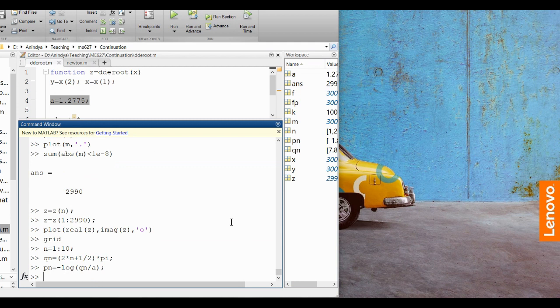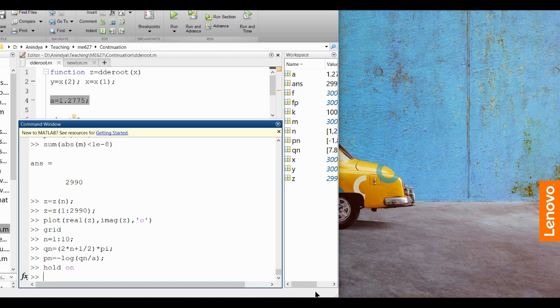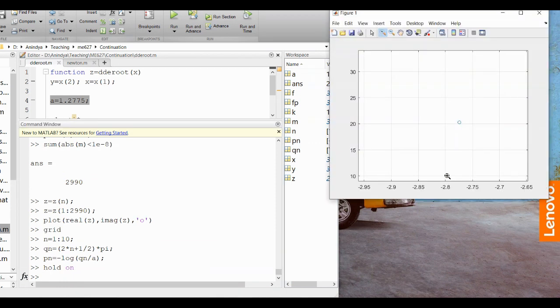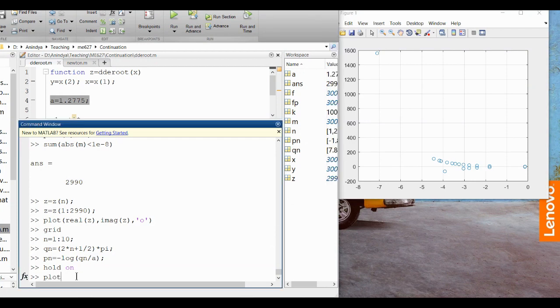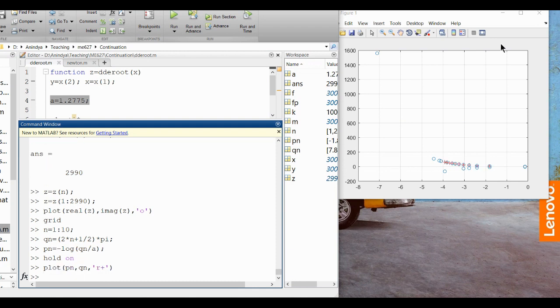Let me remind you that I have this graph here. Now let me insert red pluses over here. So I'll say plot pn qn, red pluses.